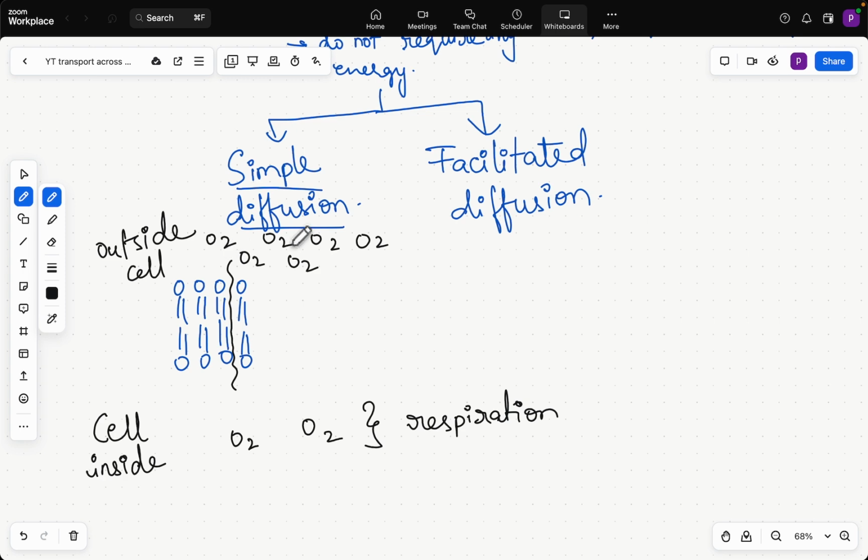And you know that oxygen is a very small molecule, so it can easily diffuse through this gap that is present between these two phospholipids, pass the cell membrane and reach the other side of the cell. This simple diffusion doesn't require anything, it just happens along the concentration gradient.